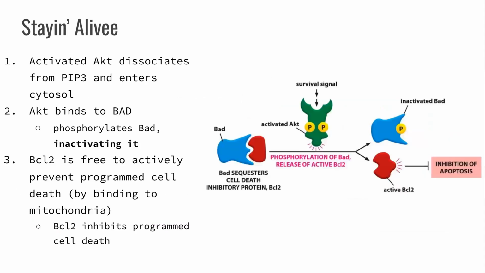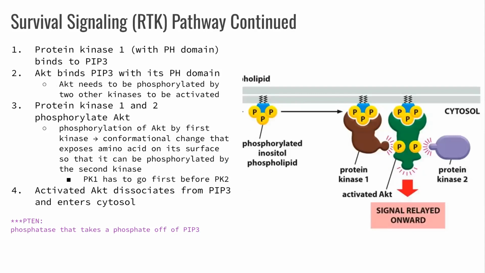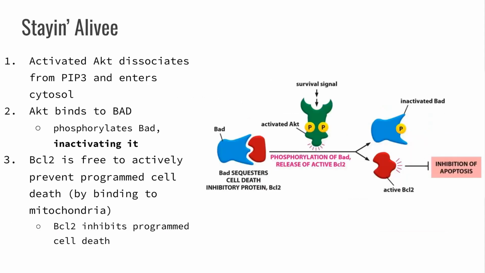Okay, so now that you have the activated AKT, it dissociates from the PIP3 bound to the cell membrane. The reason it dissociates is, again, because of conformational change after it's fully activated.